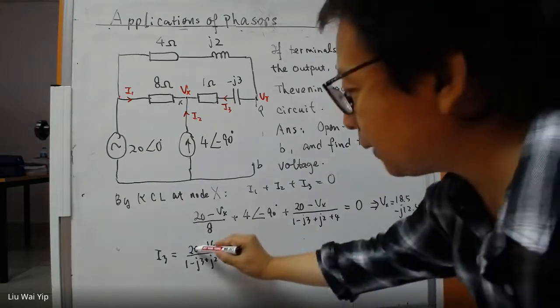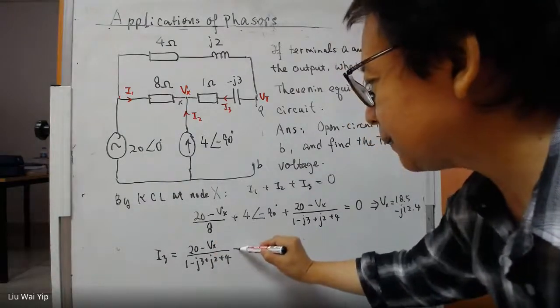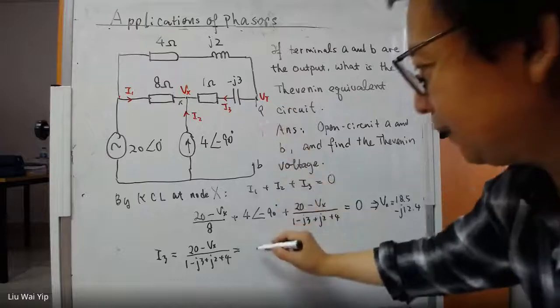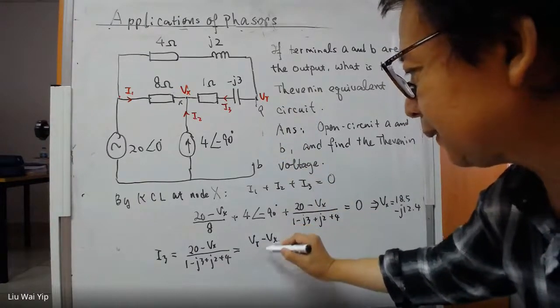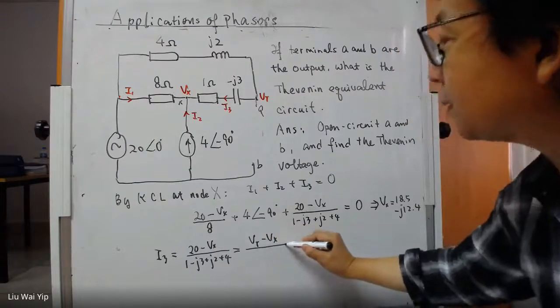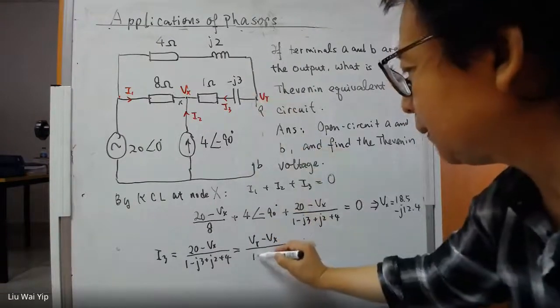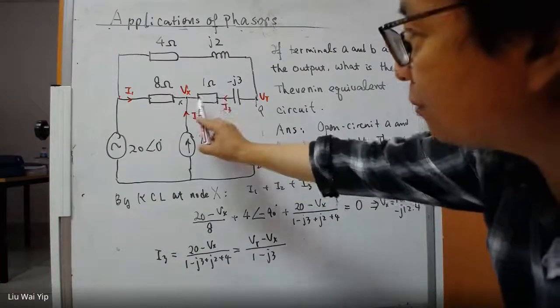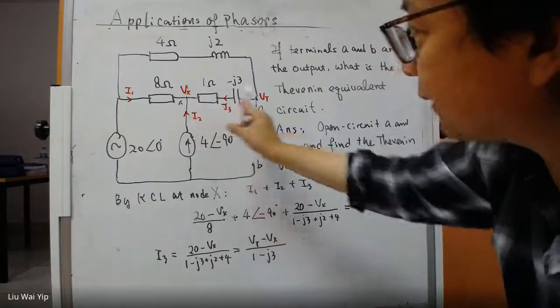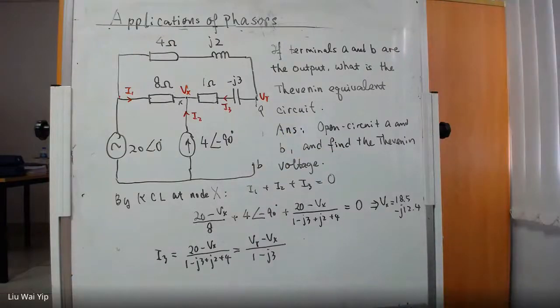We can also express I3 as Vt minus Vx, and the bottom is going to be 1 minus j3. I'm now talking about the impedance between Vx and Vt.